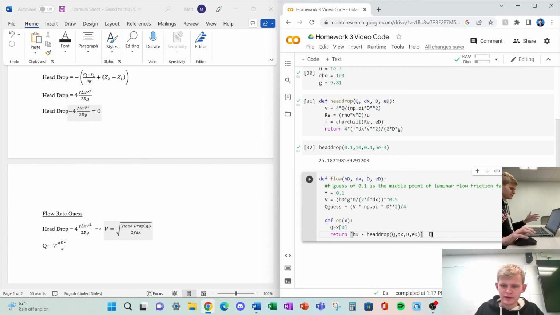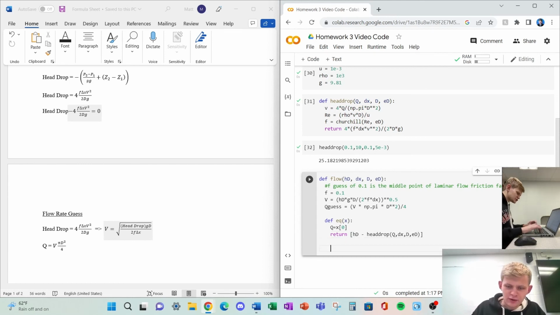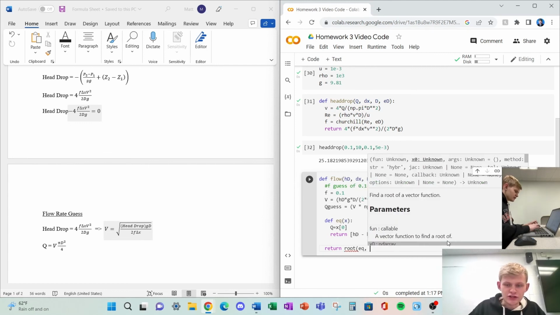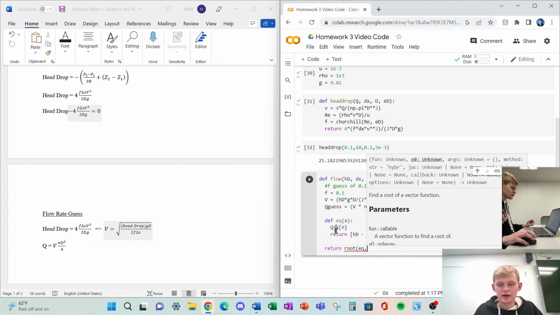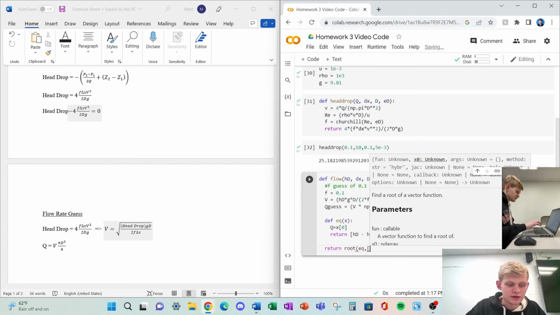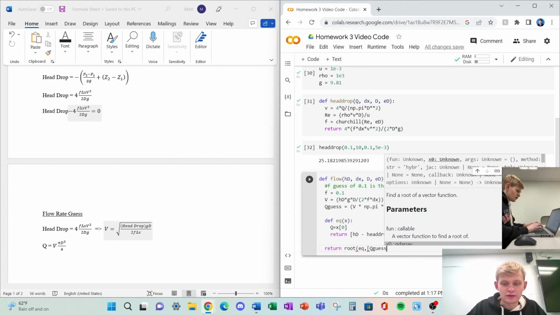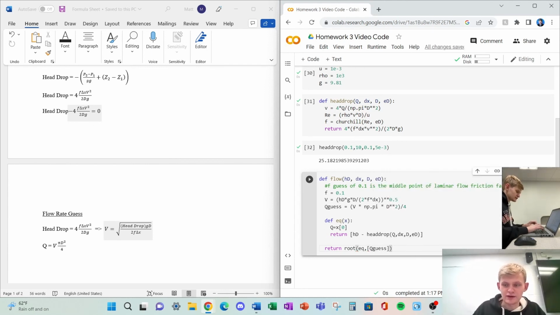Sorry, I wanted to finish that out. And then that should be our next equation. And then here we can have our final step of the actual root solver. So we have our equation, which is already in our vector. And then the next thing we need is our guess. So it's going to be our flow rate guess, also in an array, because we need that in an array to get plugged into the root solver.